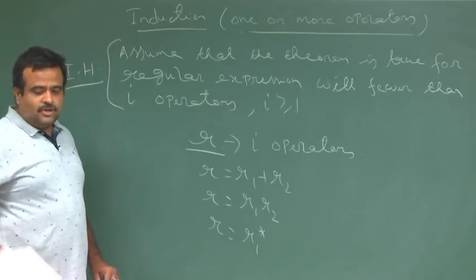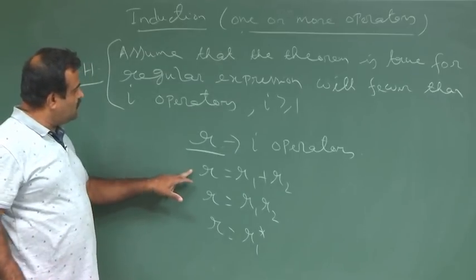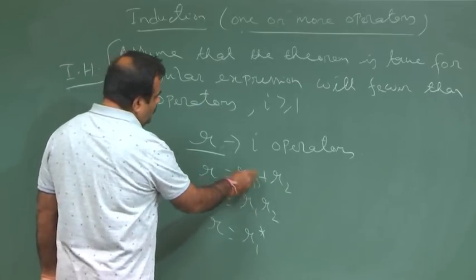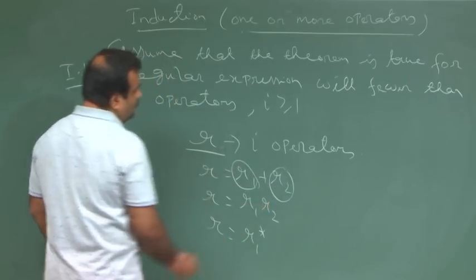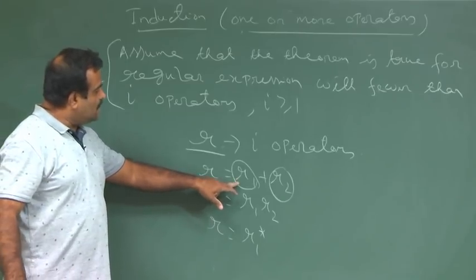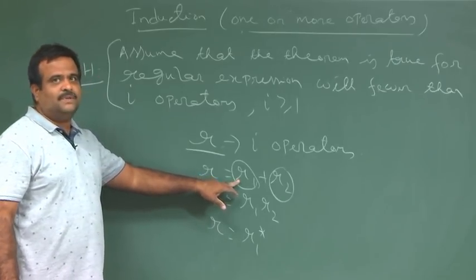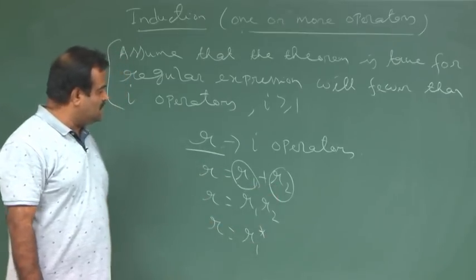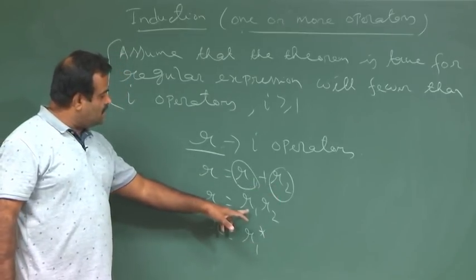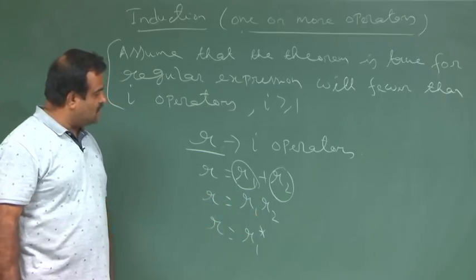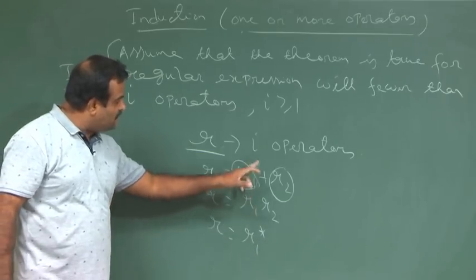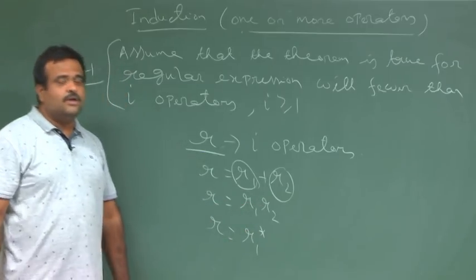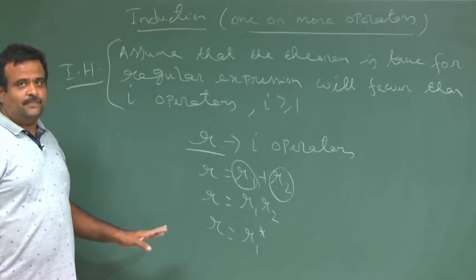In each possibility, because this is one operator, each of these parts has fewer operators. The number of operators in R 1 must be less than I, and the number of operators in R 2 must be less than I, because everywhere we are using one operator: this is plus, this is concatenation, this is star.